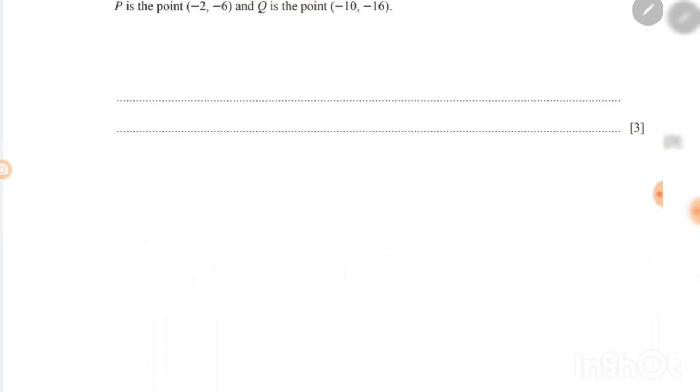And for the last question, describe fully the single transformation that maps the line AB onto the line PQ, where P is the point negative 2 and negative 6, and Q is the point negative 10 and negative 16.